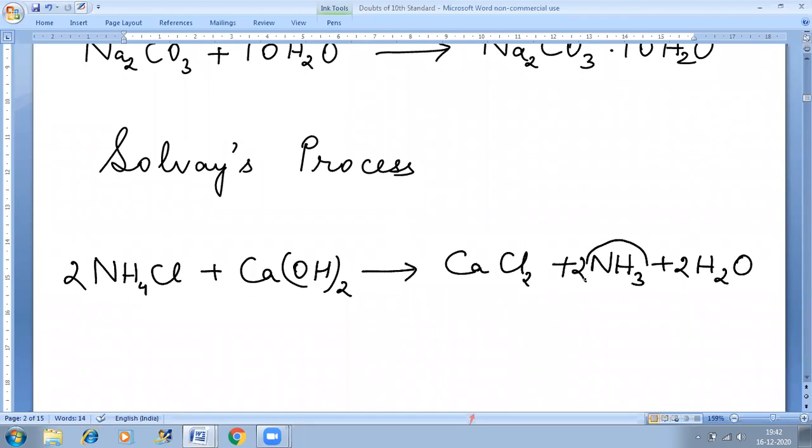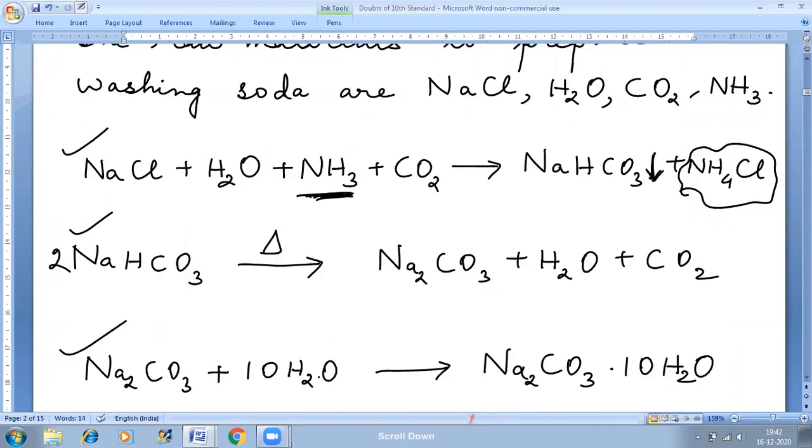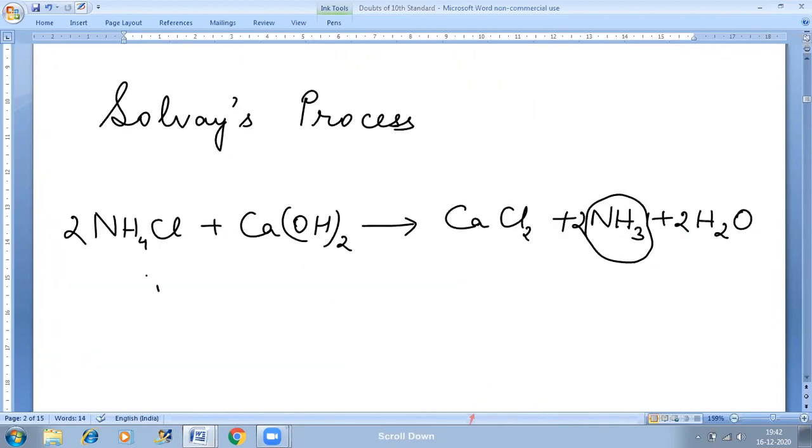This ammonia is obtained again. So can I say that in the first step, I started with ammonia as a raw material, and when I react NH4Cl with calcium hydroxide, I again get ammonia back. So this ammonia can be further circulated and recycled.